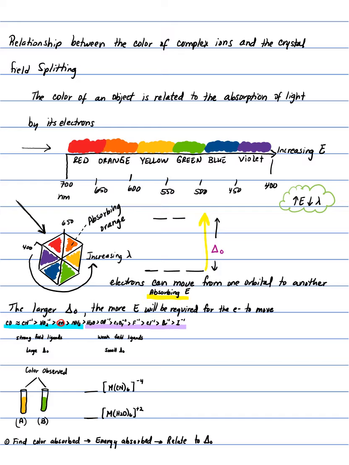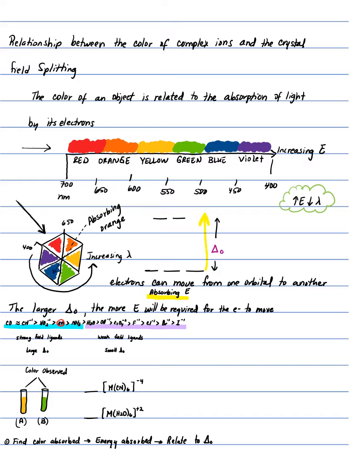So I have a note right there, absorbing orange. If you have a solution and that solution absorbs where you have the orange color, which is between 600 nanometers and 650, if a solution is absorbing any of those wavelengths between 600 and 650, the color that you observe for that solution will be the one that you have on the opposite side, which is blue.